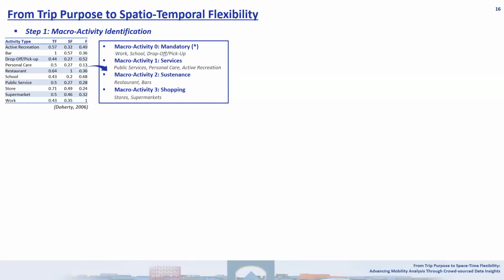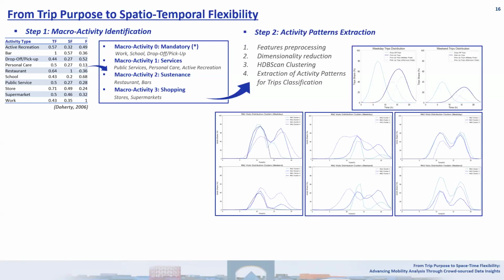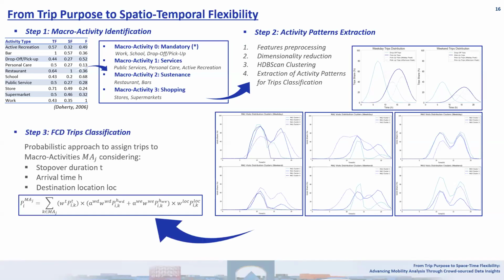So firstly, taking the points of interest, we put them inside each macro activity, and then using the clustering technique for each macro activity, we define the visit pattern and the visit duration of all the points of interest located in these macro activities. In this way, we are able to define in a stochastic way some probabilities.